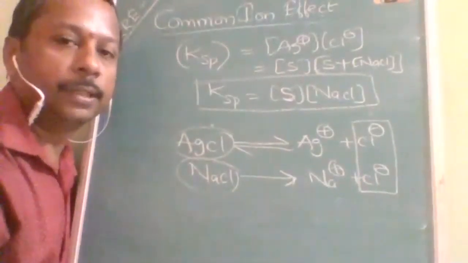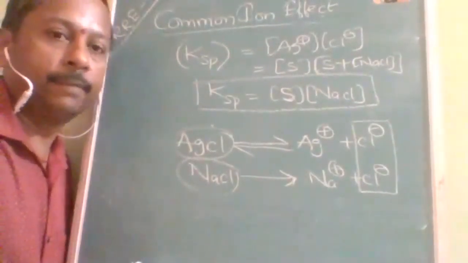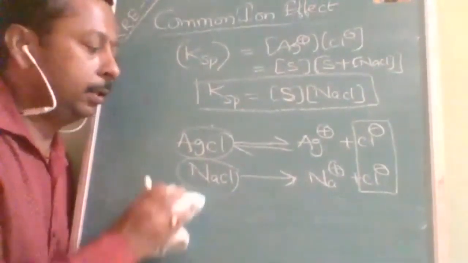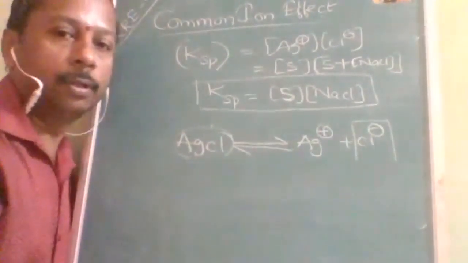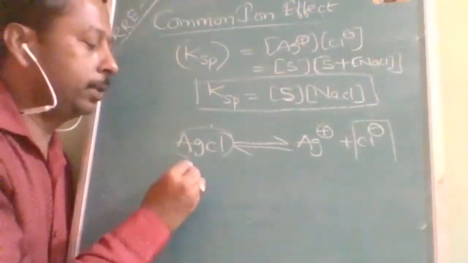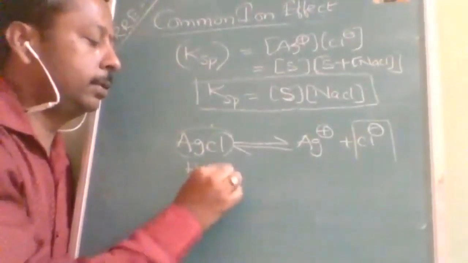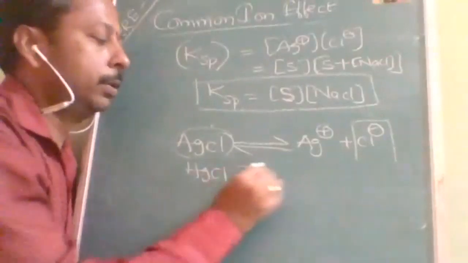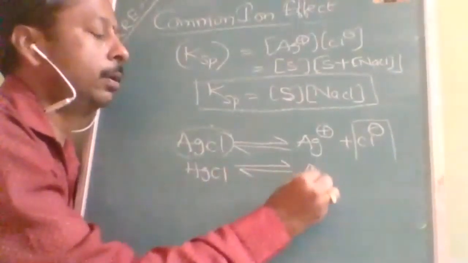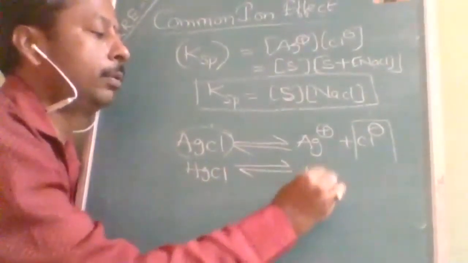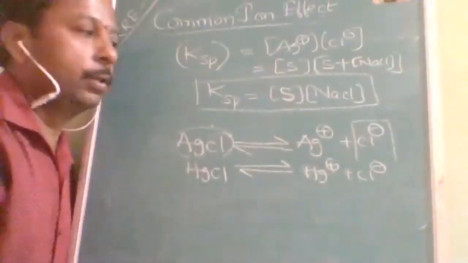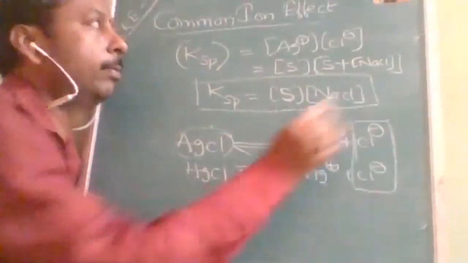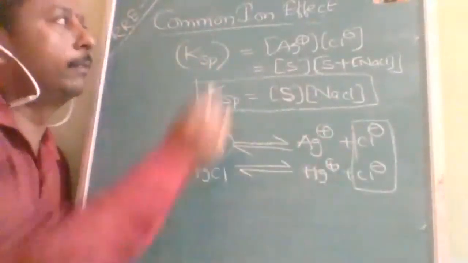But if the same thing happens with two sparingly soluble salts, suppose there is another example of HgCl, which is also sparingly soluble, then it is going to give Hg positive and Cl minus. So here also it is the common ion effect only, but it is not called the common ion effect.